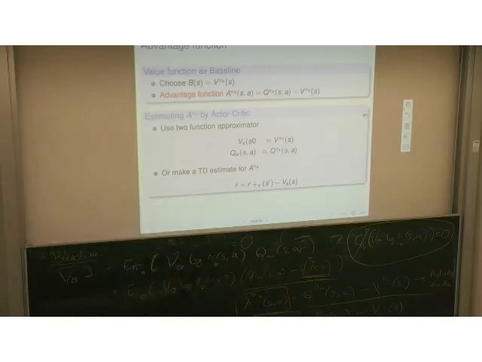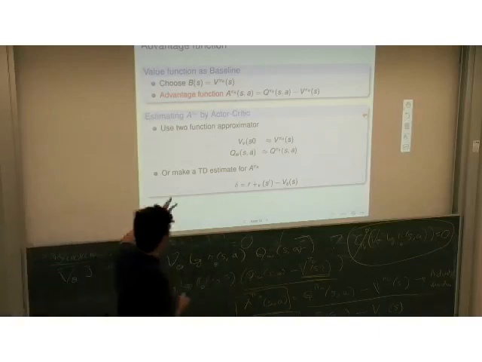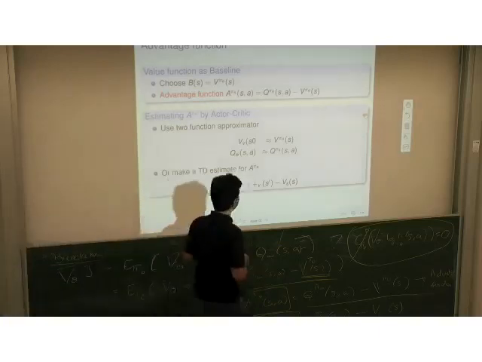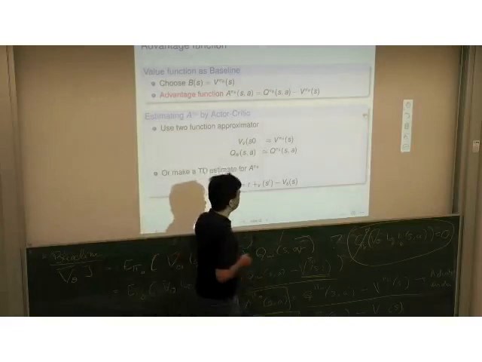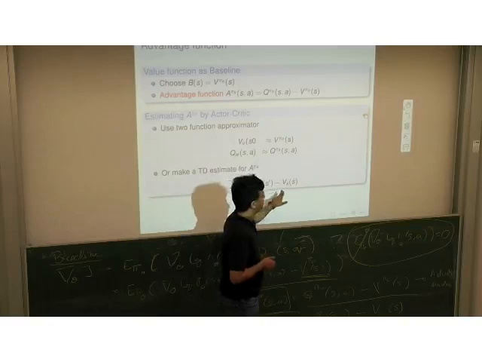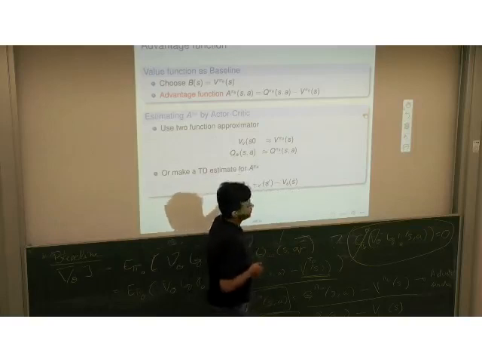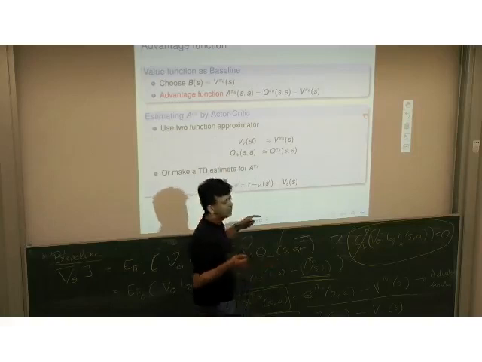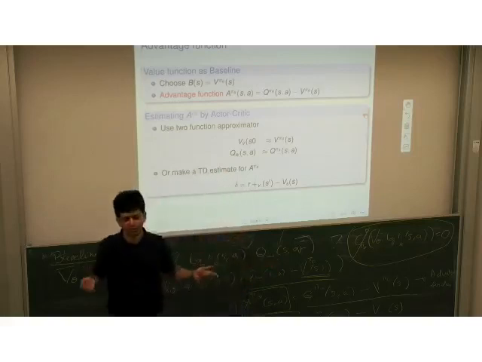If you want to estimate it with two parameters, you have to make sure that these two are synchronized. Or you can estimate it with just one parameter, where you use the same thing to compute the value at the next action state minus the value at the state, and that will be your way of approximating the Q function with just one parameter. And in the gradient update, you could use this value instead of the value of the Q function.